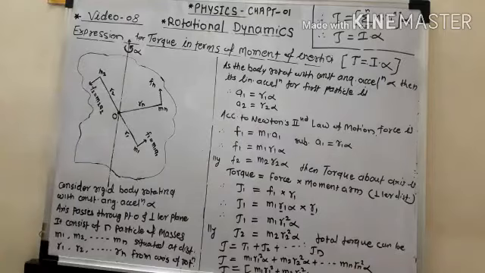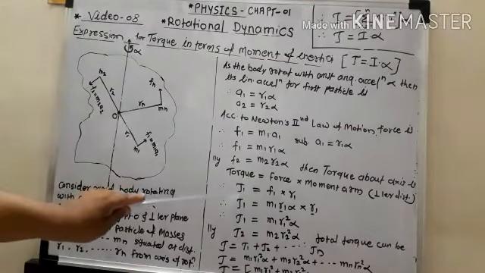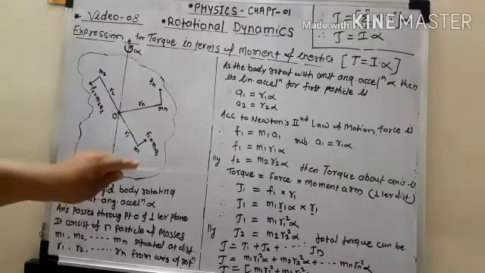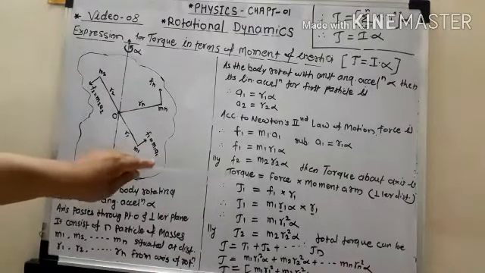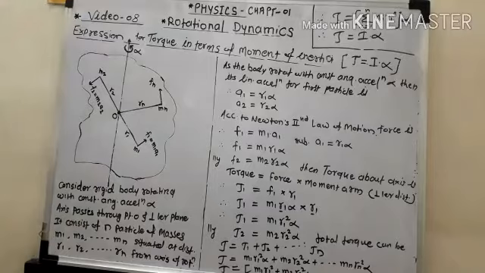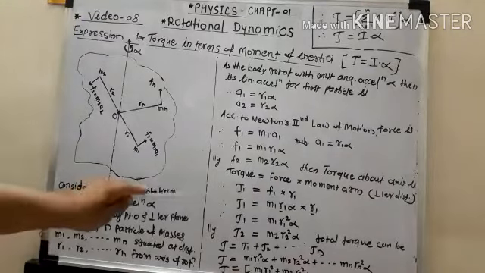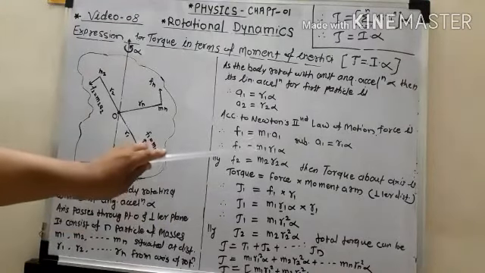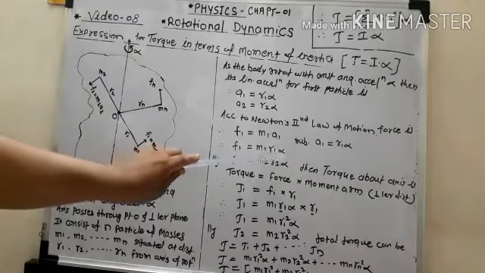Therefore, in symbols we can write τ1 is equal to F1 into R1. This is for the first particle. According to the definition, torque is the product of force and the moment arm. Instead of F1, we can write the value m1 R1 alpha.